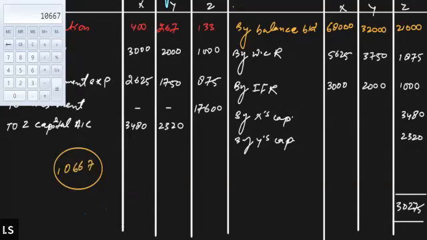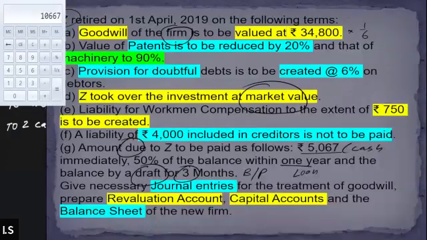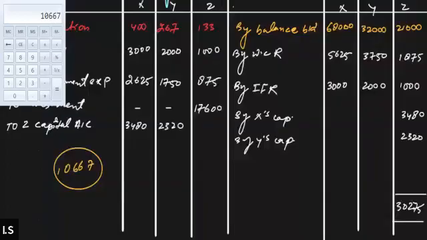But what is the question telling us? The question is telling us to make this payment like this. First of all, 5,067 needs to be paid immediately. So out of this, 5,067 needs to be paid immediately. Now tell me the remaining amount left after paying the 5067. The remaining amount is 5600.